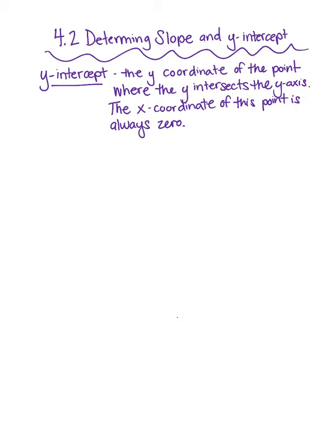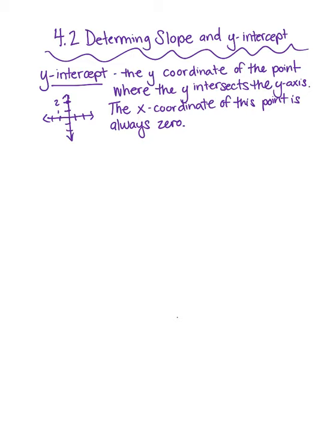So, for example, if you had a graph and 1, 2, 1, 2, and let's say you had a point right here. If that's 1 and that's 2, then the y-intercept equals 2.